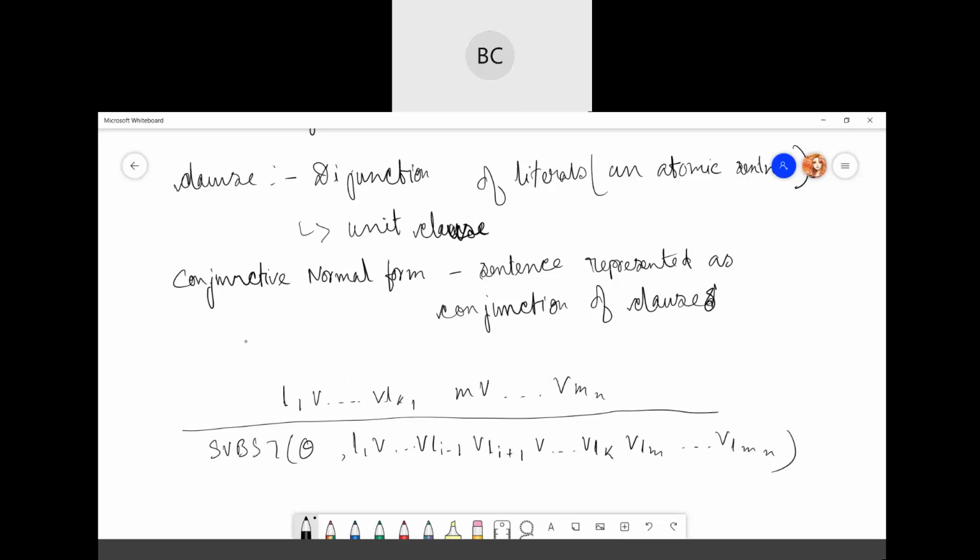If they do not share any common variables, then we can apply resolution.